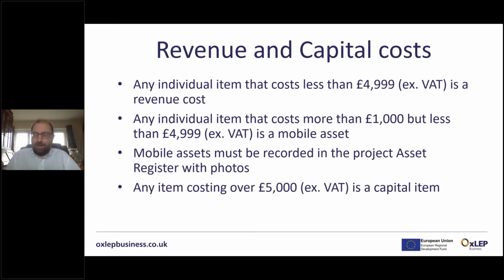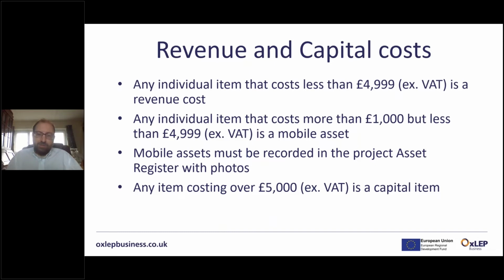So if you buy that 3D printer, again, it would be a mobile asset, is how it would be classed. So you would need to record it in an asset register and provide us with a copy of the asset register, or at least the asset register entry, because it would have to go on the ISFB asset register because the project has part funded it.